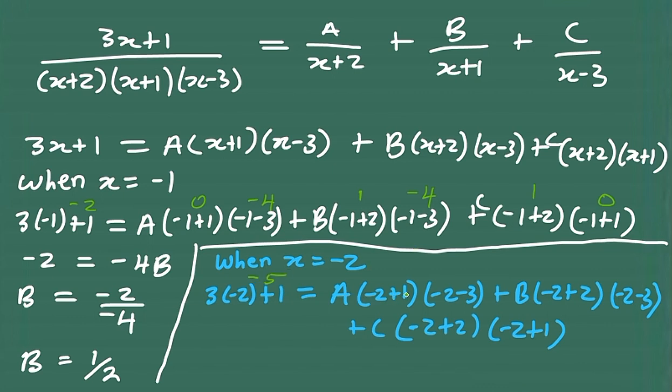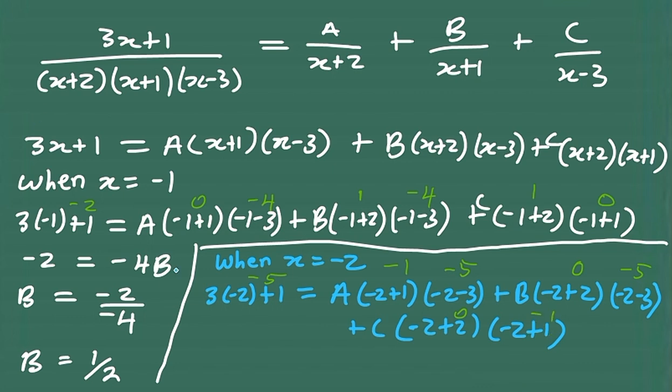Here we have -2 plus 1, which gives us -1, and here will be -2 minus 3, which is -5. All right, then here we are going to have 0. -2 plus 2 is 0, and this will be -5. -2 plus 2 is 0, and this is -2 plus 1, which is -1.